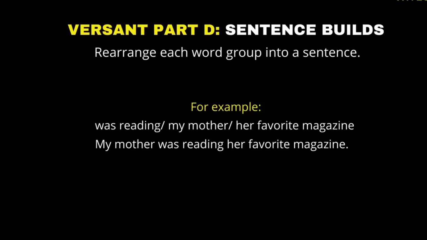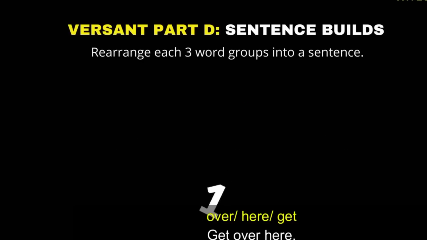Part D. Sentence builds. Now please rearrange the word groups into a sentence. For example, a voice says, Was reading. My mother. Her favorite magazine. And you say, my mother was reading her favorite magazine. Over. Here.